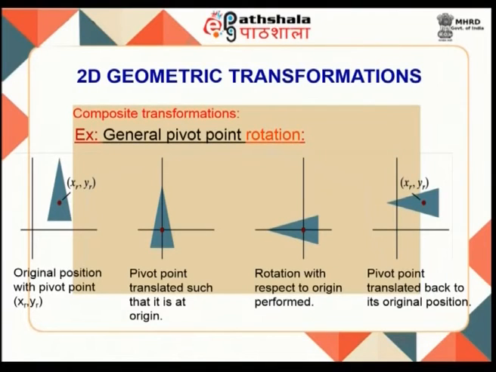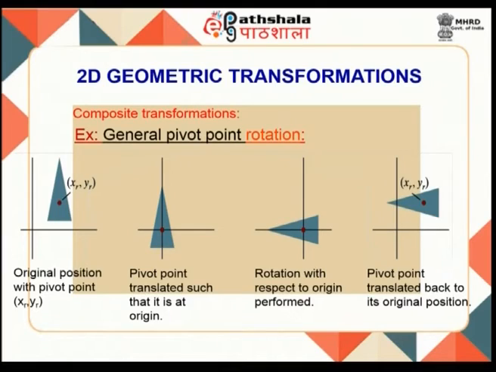We can simply use that matrix for rotation here, and in the third step we put the pivot point back at its original position. So, one translation step, one rotation with respect to the origin, and then one retranslation, that is, put it back at its original position.